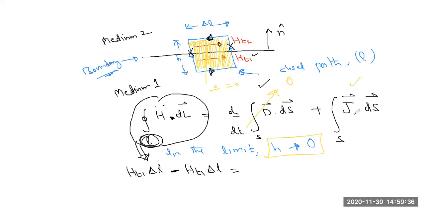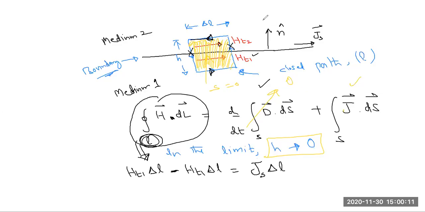What about this term? This J is the current density, and if you remember, in my first figure I represented that on this boundary there will be some current density, some current, which I represented as Js. So how much is the current on this path? That must be equal to Js multiplied with delta L, because we are only considering this path.